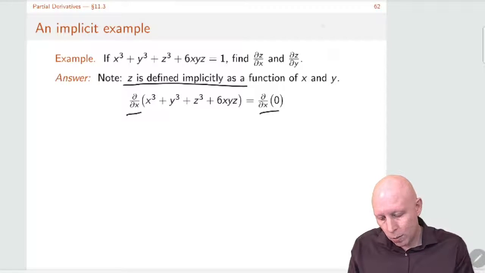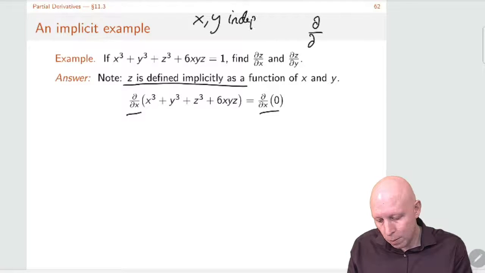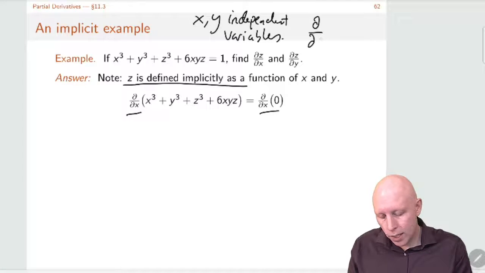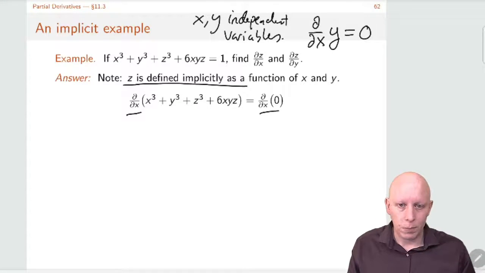one thing that we'll be using here that will make our life a bit easier is that when x and y are independent variables, then taking the partial derivative with respect to x of y is just going to be 0.